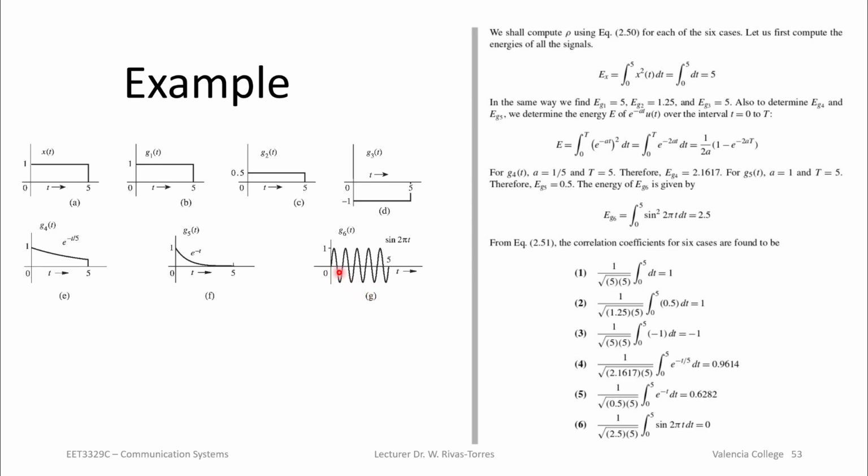Now the sine wave is rather interesting. You would have thought that there was some correlation because there's energy on the plus side, but there's also energy on the negative side. By the time you compare this signal to that, there's really no relationship. It turns out that sine of 2 pi t is orthogonal to our x of t, because the correlation factor came out to 0.